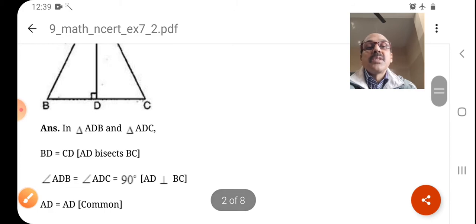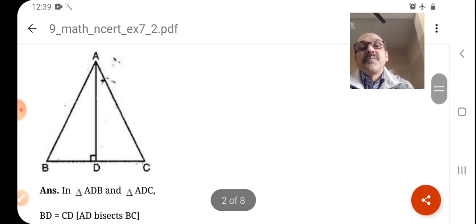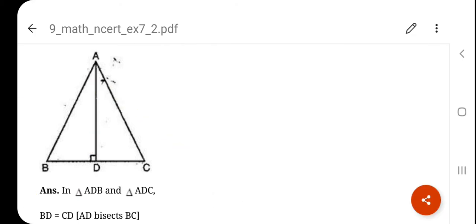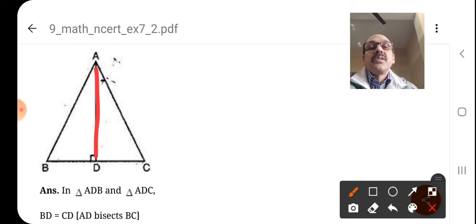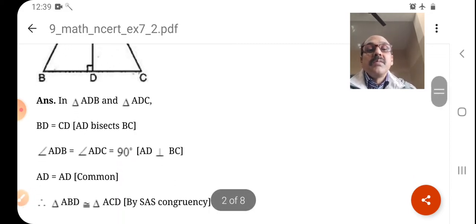And AD is the common side, so this is common AD, this is 90 degrees, and BD equal to CD.